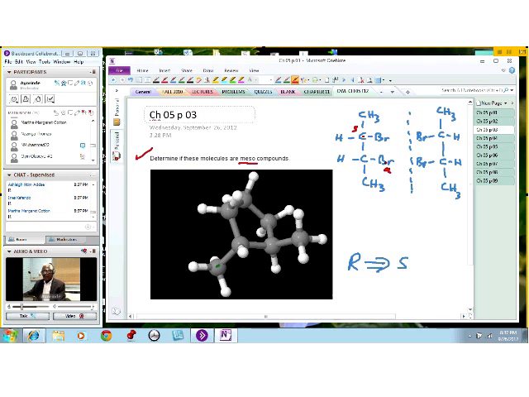So this is priority A, and then this group here will be priority B. Keep in mind, our focus now is on this carbon. Therefore, this is priority C, and the hydrogen is priority D.